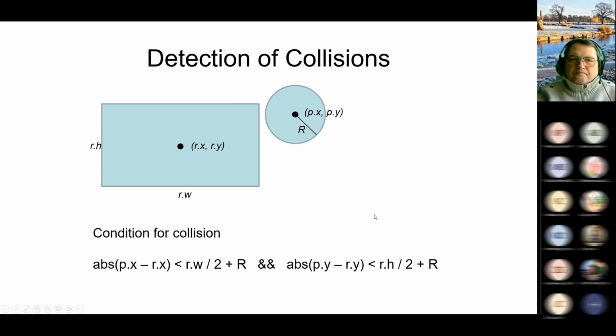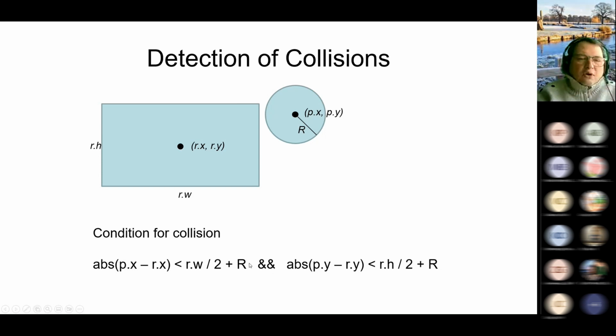The next is a collision between the rectangle and the circle. Okay, and in this case, we add r, the radius of the circle, to both the width and height of the rectangle.